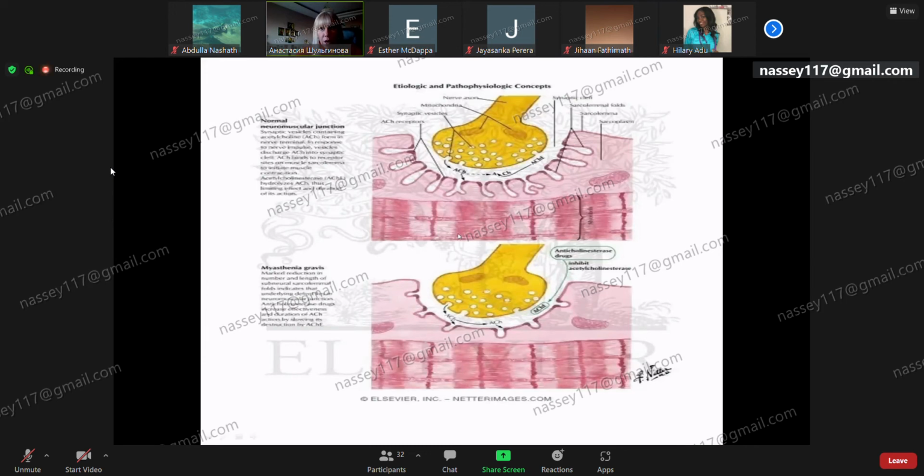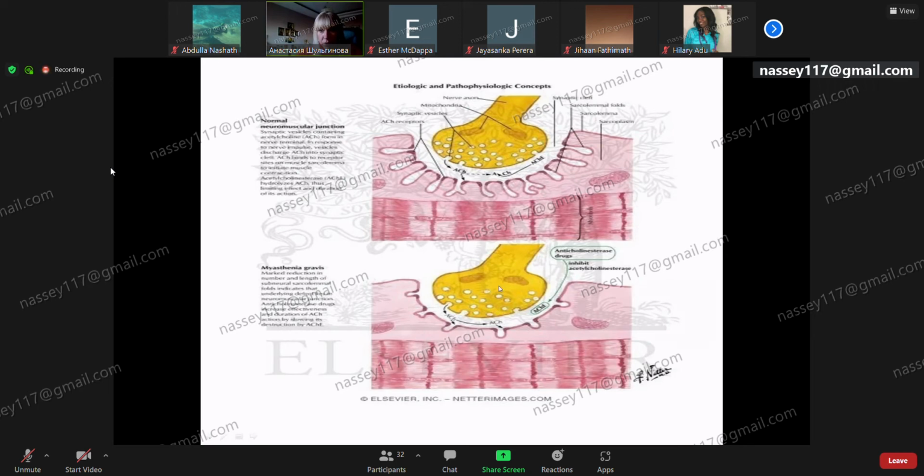Illustration of two synapses. This is a normal synapse with normal neurotransmission of acetylcholine, which goes into the receptors. Here we see the myasthenia gravis synapse. We see a defect of the receptors, blocks of several of them, and decreasing sensitivity to acetylcholine.